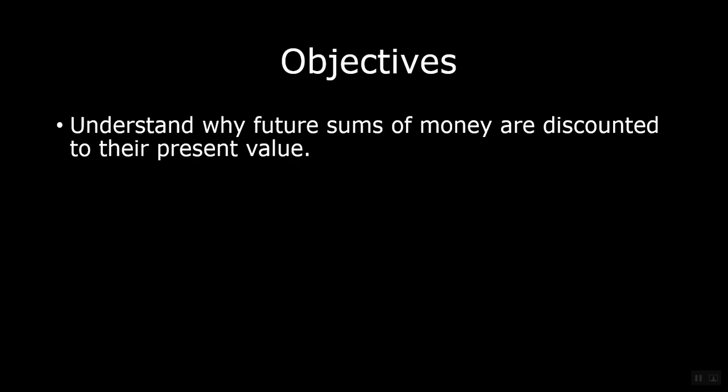So, what are the objectives of this lecture? One is to understand why future sums of money are discounted to their present value. So that's one way of looking at the value of doing an investment. What we do is say, right, in 2 years from now, our product will have this much income.